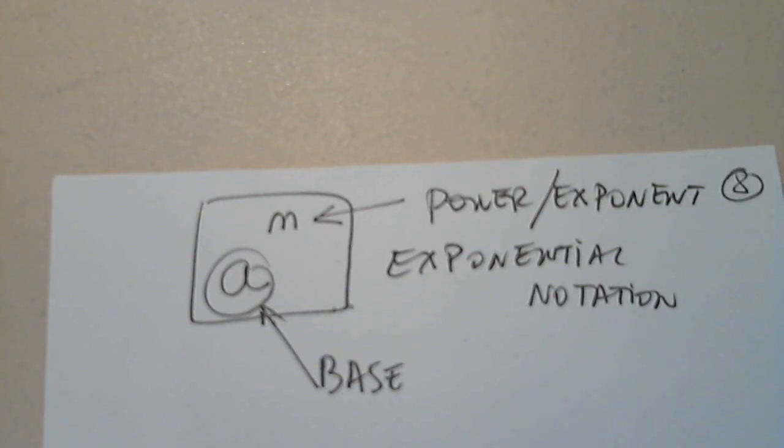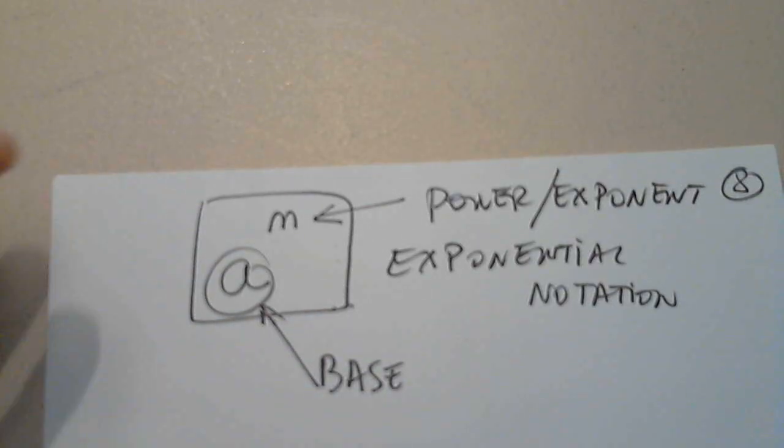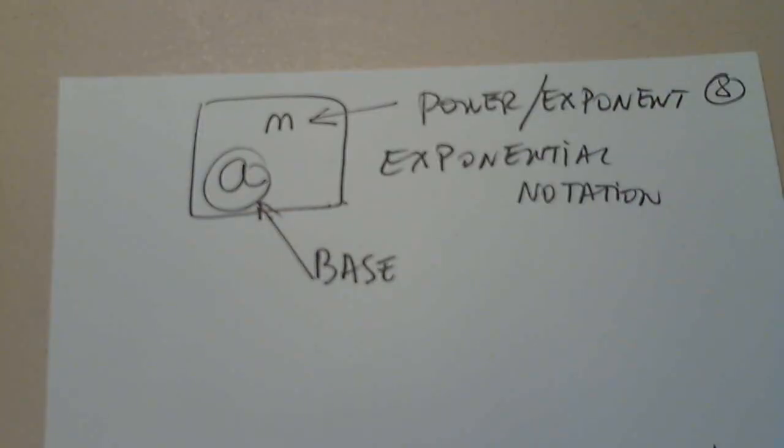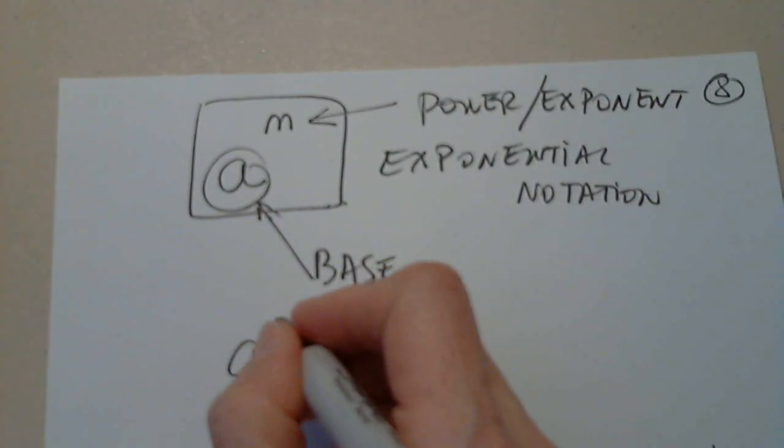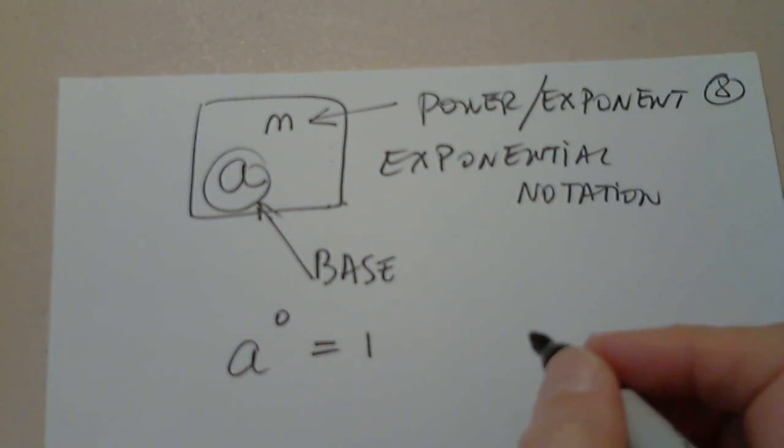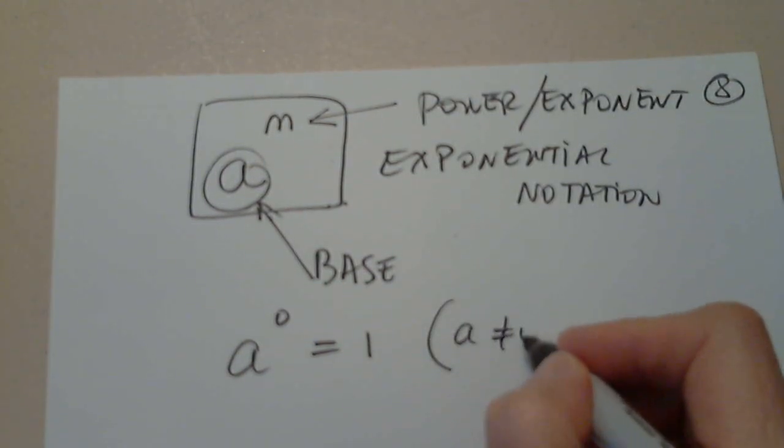They mean the same thing. Power or exponent. Now, let me refresh our memory one more time. A raised to 0 is 1, assuming that the base is not 0.